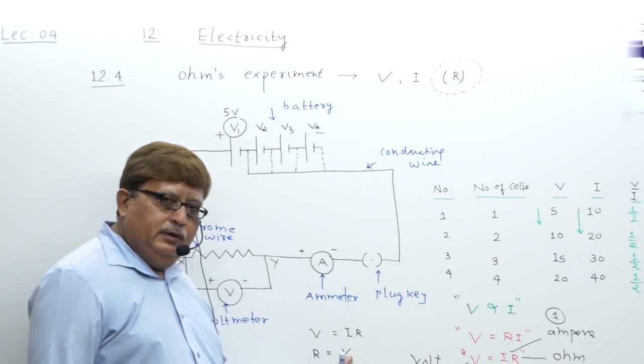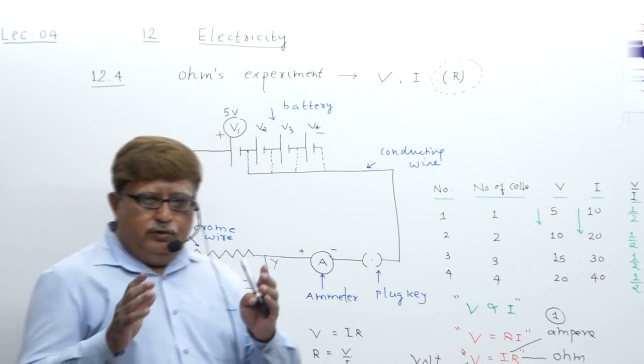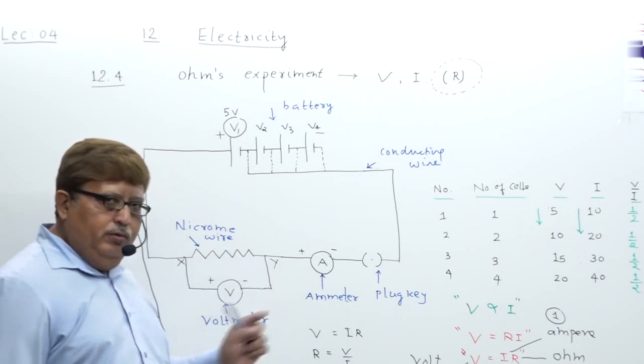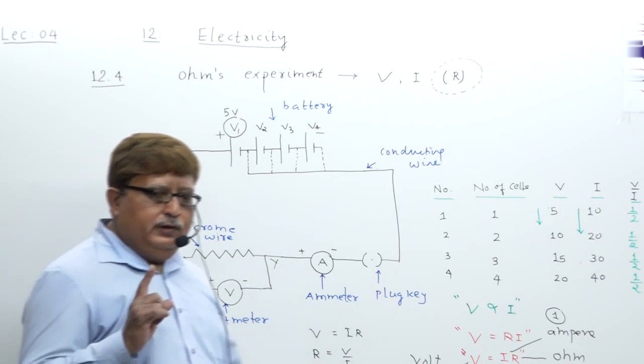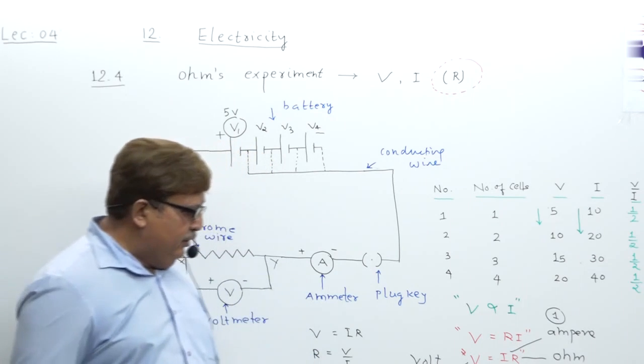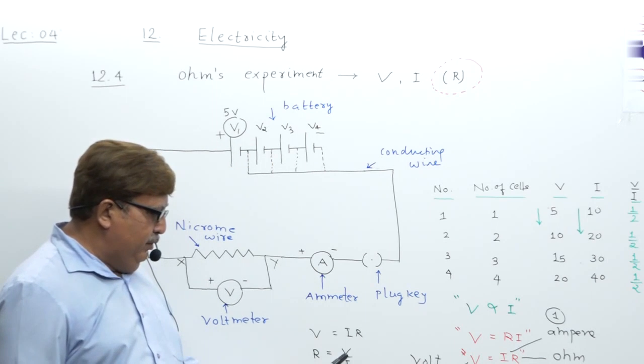1 volt means it is actually the potential difference between two ends of the conductor. How can you start answering it? See, from here concentrate, my dear student, with me.